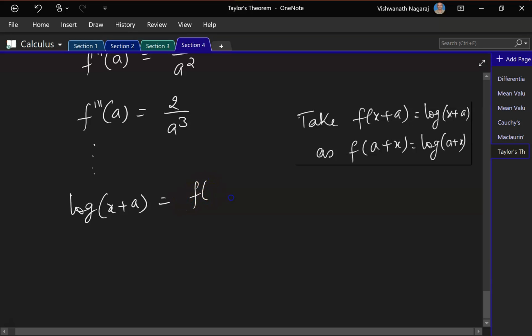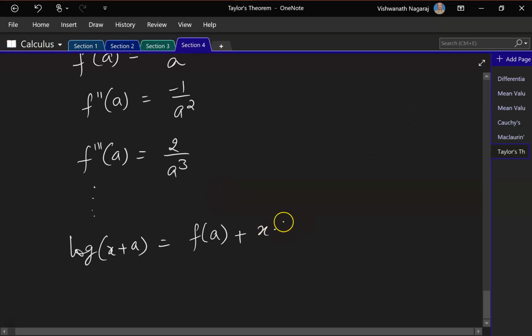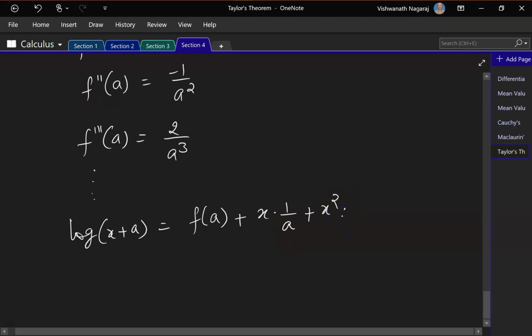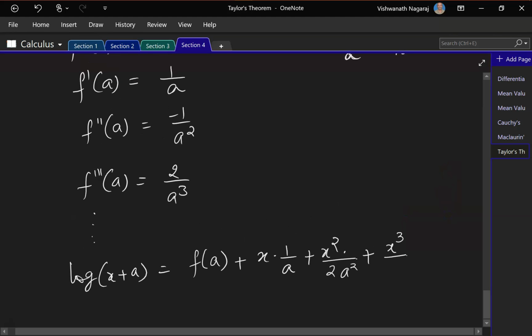So our function log of x plus a becomes f of x. Remember, here we are talking in terms of a, so x times f prime of a is 1 by a, plus x square by 2a square, now here by the way there is a negative sign, this is minus, plus x cube by 3 times 2a cube times 2.